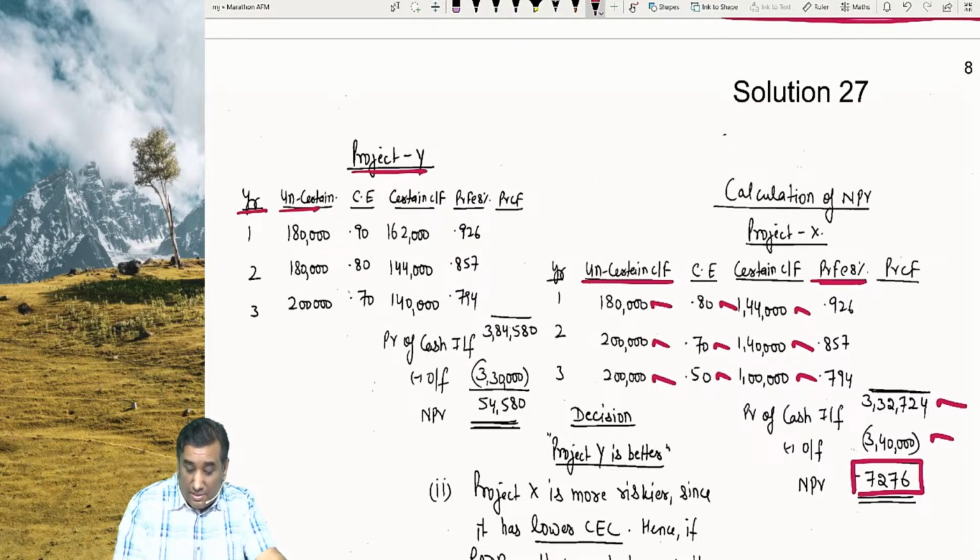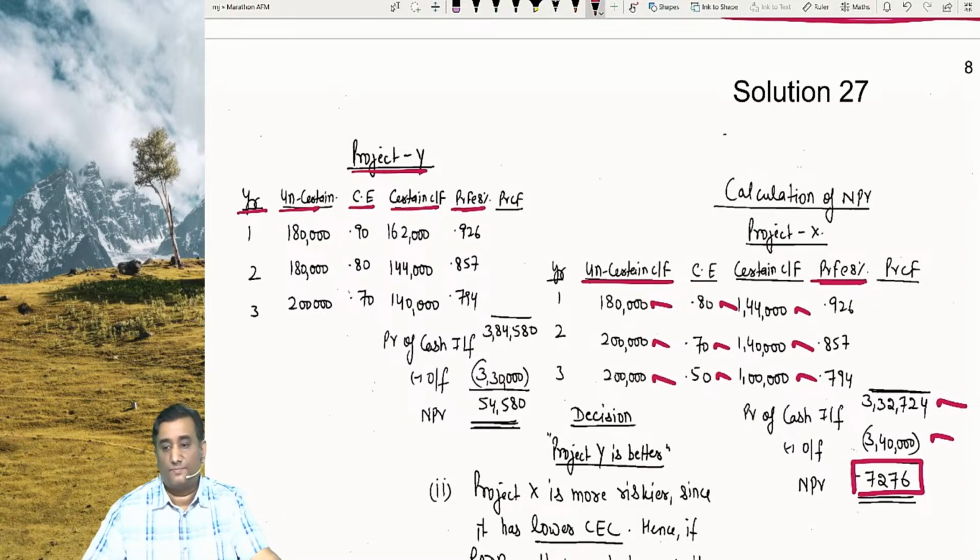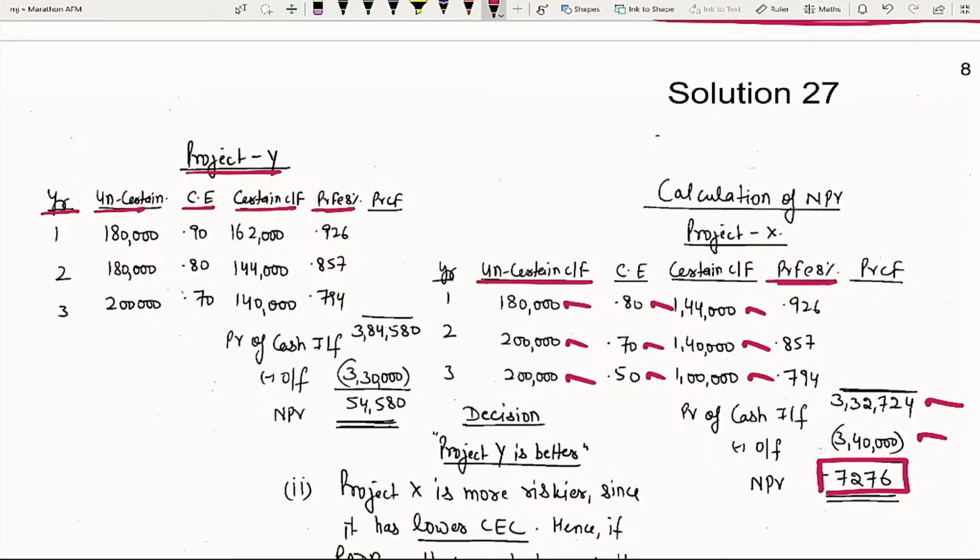Year, uncertain cash flow, CE factor, certain cash flow, present value factor at 8%. Check the numbers quickly, please. Do not read the next part. I'll read it out with you. I'll do some working with you and then we'll read out that part.